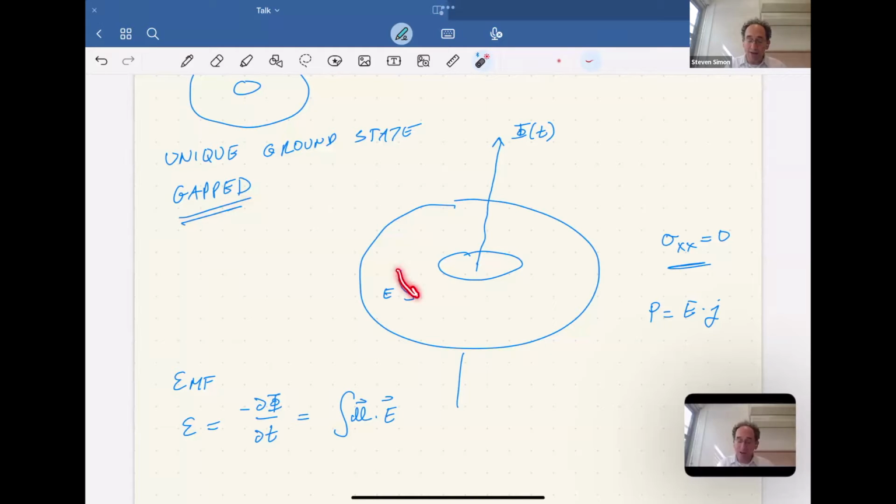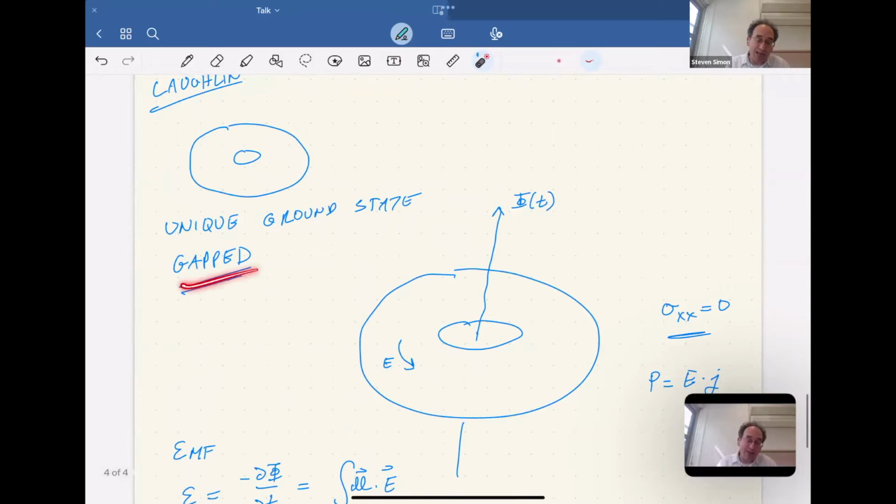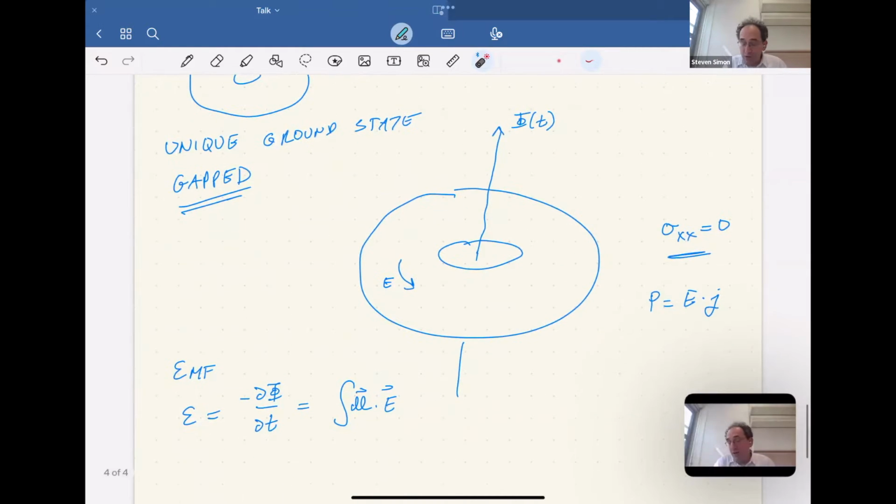So if I have a low enough electric field and therefore a low enough current, I can't make any transitions to any excited states, and I can't dissipate power. So that means, and this is maybe not surprising, if I have a system which is gapped, with no low energy excitations, it's an insulator. You can't run current through it. You can't change the system a little bit in order to start current running. It means sigma xx is 0.